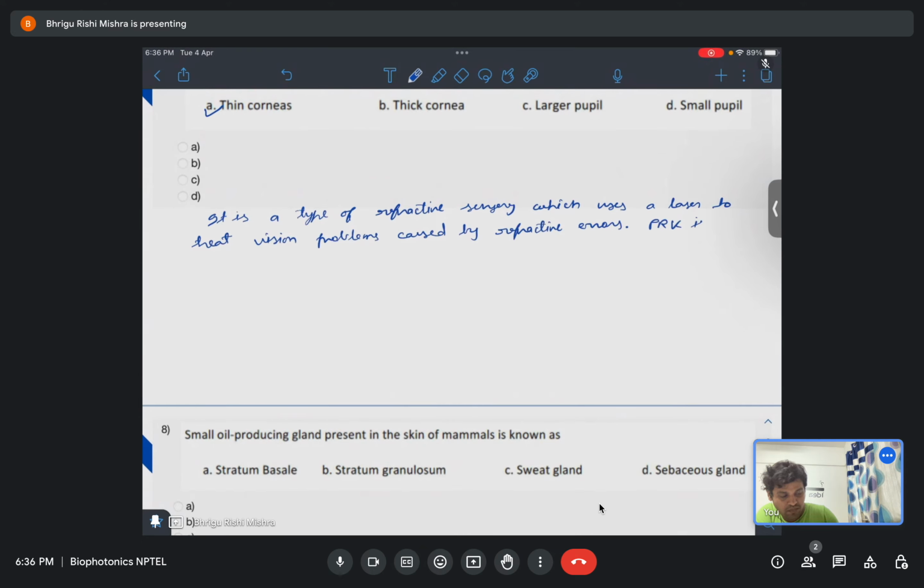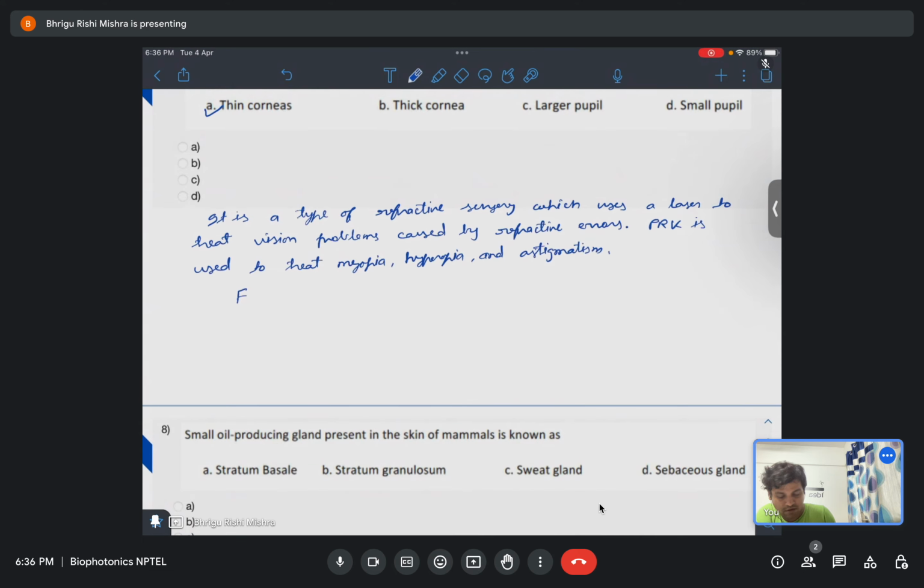PRK is used to treat myopia, hyperopia, and astigmatism.